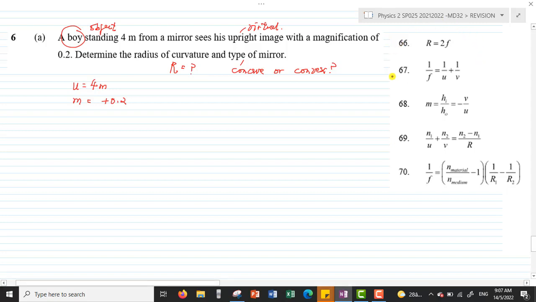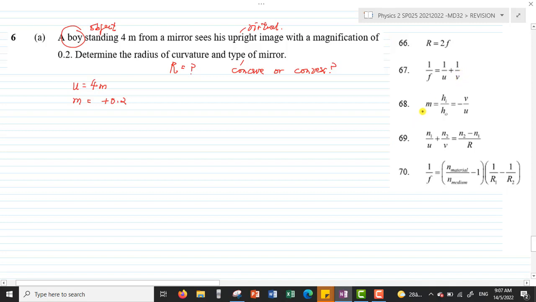If we refer to the equations given, in order to find the radius of curvature, we have to know the value of the focal length for the mirror. The focal length of the mirror relates to the object distance and image distance. For this question, I know the object distance, but I do not know the image distance. So how am I going to find the image distance?